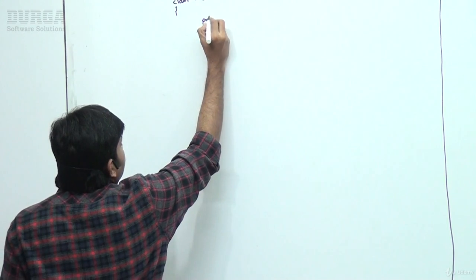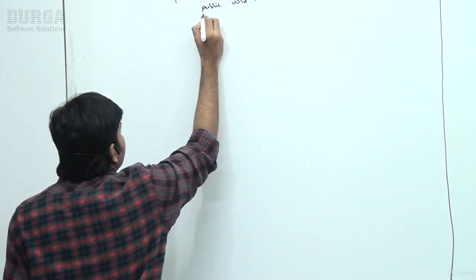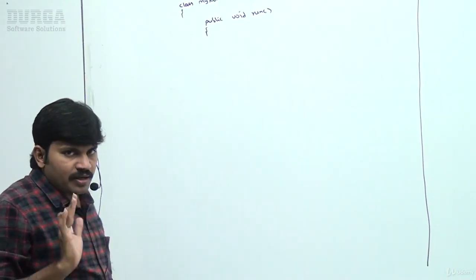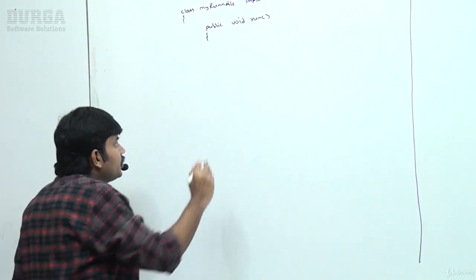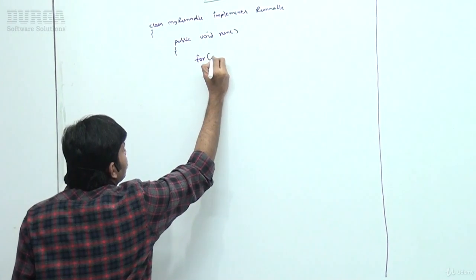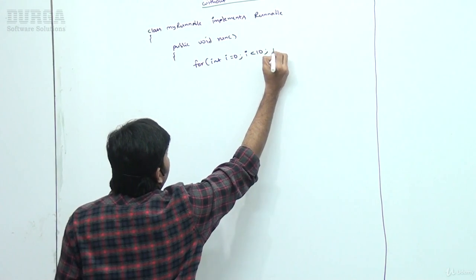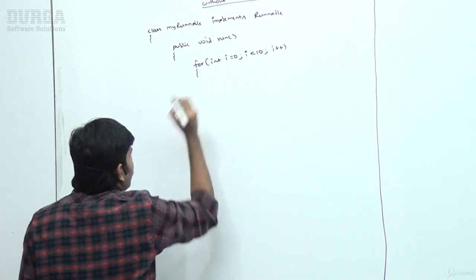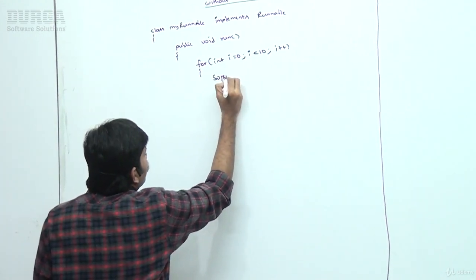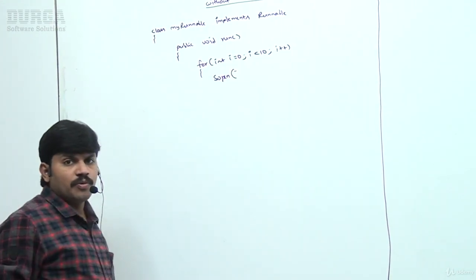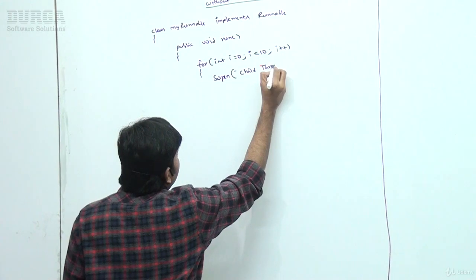Now public void run method. Within the run method we need to write the job of the thread. Just assume my job is: for int i = 0; i < 10; i++, System.out.println of "child thread".